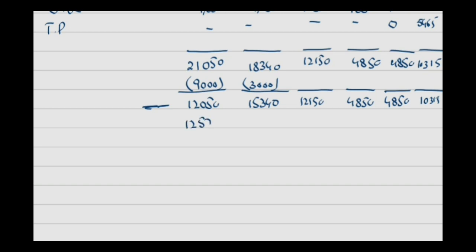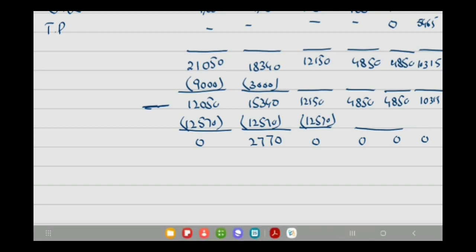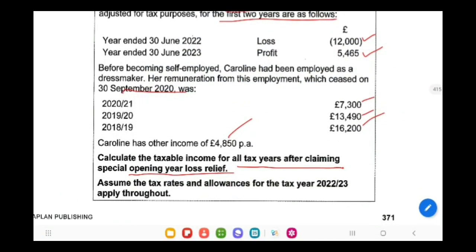So 12,570 of personal allowance was deducted. There is 0 income, and this year it will be 0, 772, and this year again as a result of the personal allowance it will be 0, 0, 0 and 0, right? So this is the application of opening year rules.